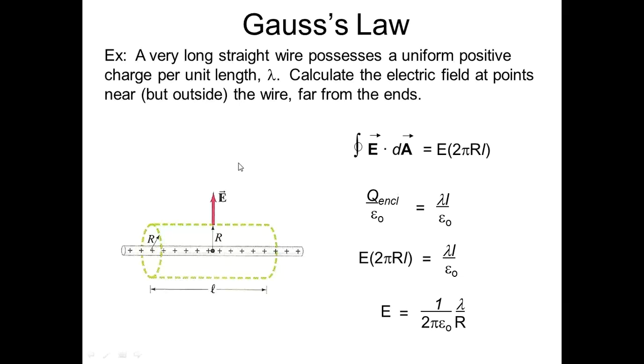So if I were to take a point charge outside of this wire, let's say I bring a positive point charge right up here somewhere, right to the Gaussian surface, and I want to know what the force is, you're absolutely right. I could use Gauss's law to figure out what the E field is right there at the Gaussian surface, and then multiply it by the charge, and that would give me the force on that charge.